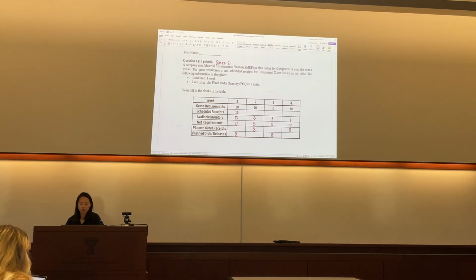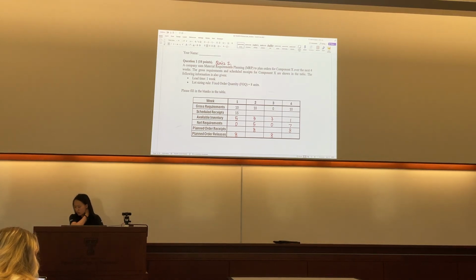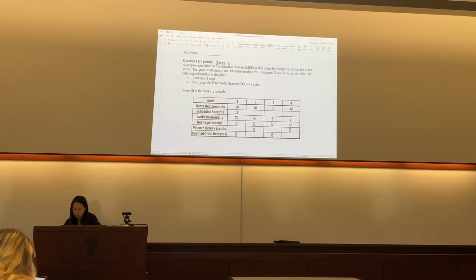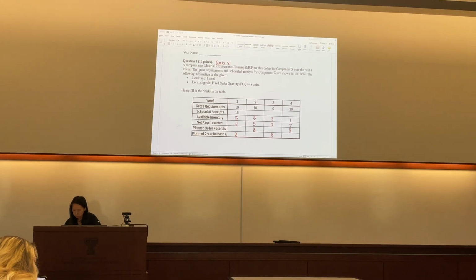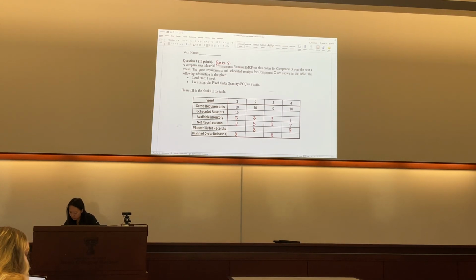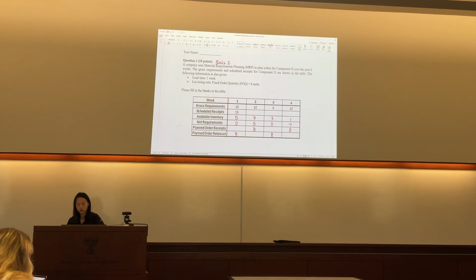So if you don't remember how to do this, you can go back to quiz 2, and also you can go back to Canvas. Which class is that? Let's see, probably class 6, class 5 or class 6.